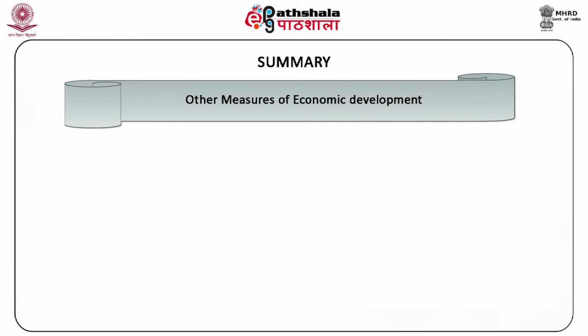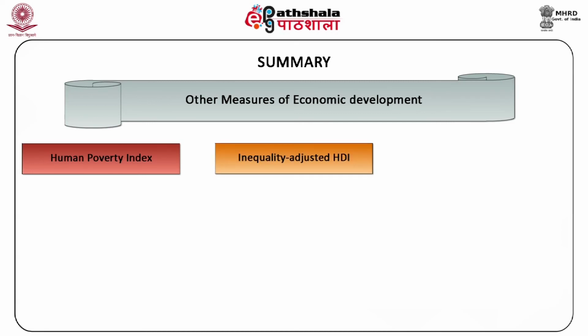In this module, we have learnt about some other measures of economic development that can be taken into account to analyze the development level of an economy. We have mainly focused on Human Poverty Index, Inequality Adjusted Human Development Index, Gender Related Development Index, and Gender Empowerment Measure.